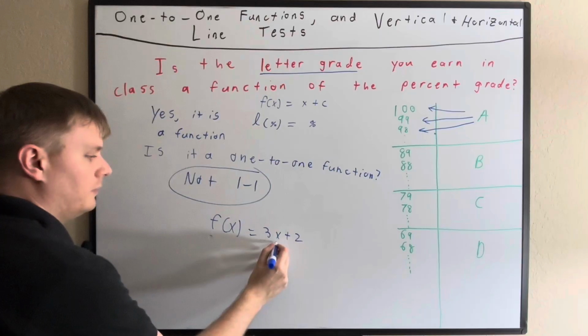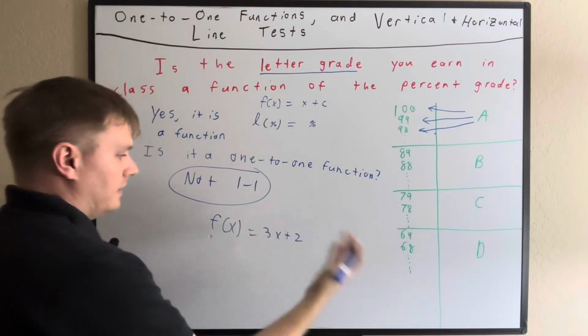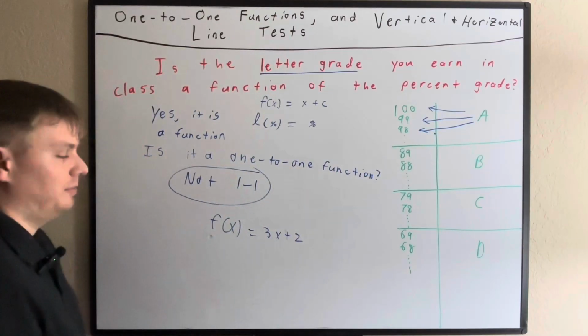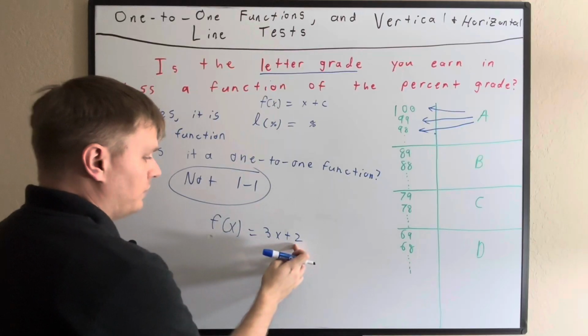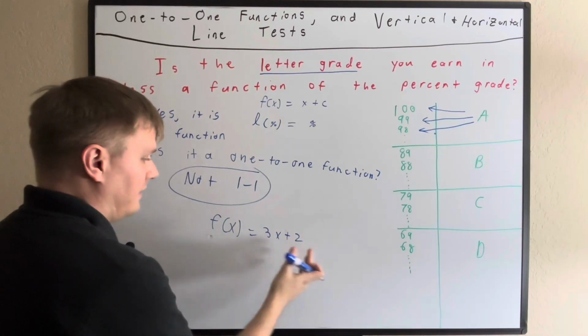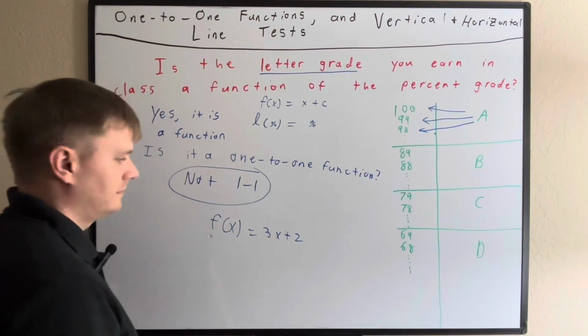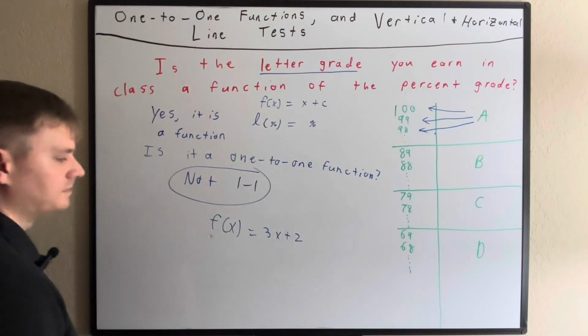Yeah, for every one input, there's only one output. And for all the inputs that you put in, you'll never get the same output. You put in 0, you get out 2, you put in 1, you get out 5, you put in -1, you get out -1. You know, it just goes on and on.